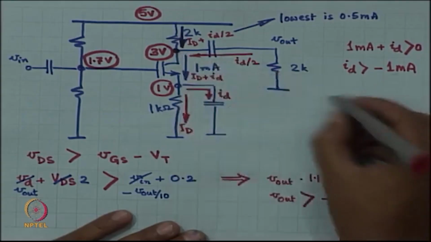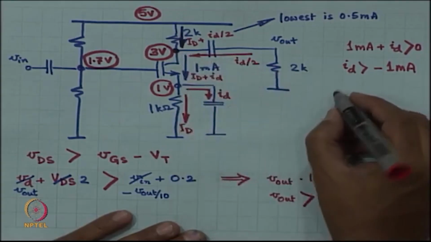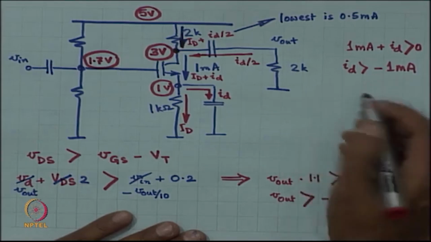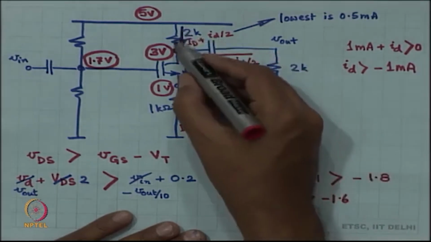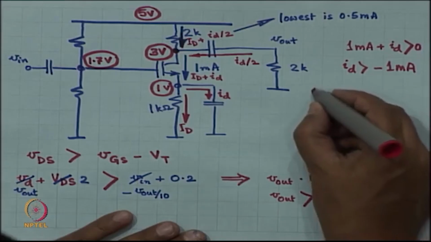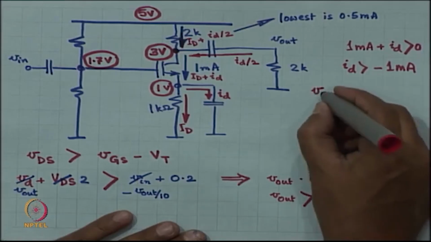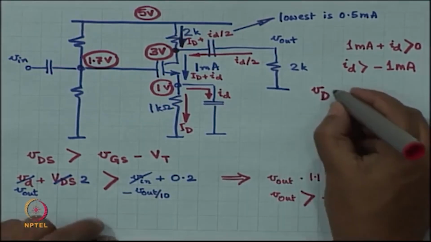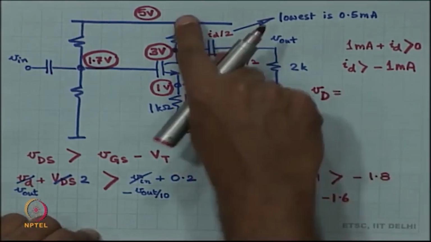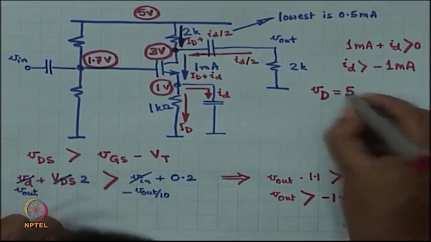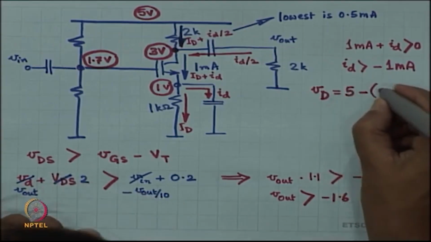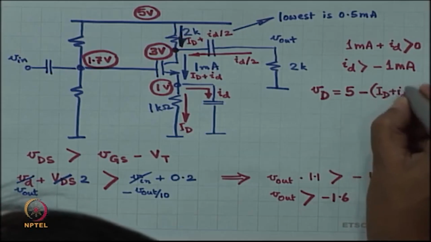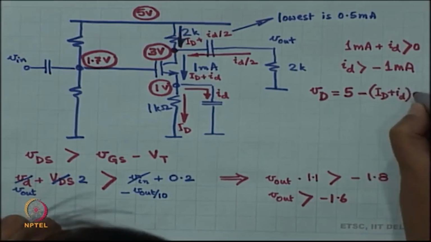So, the smallest value of small id is minus 1 milliampere, then the largest value of VD. VD is what? VD is 5 volt minus capital ID plus small id by 2, times RD.